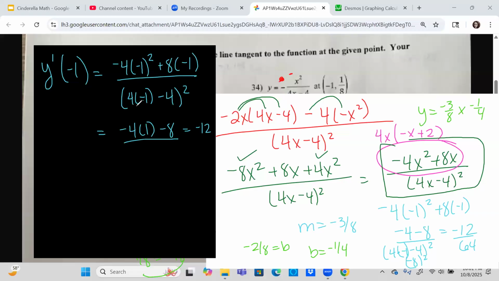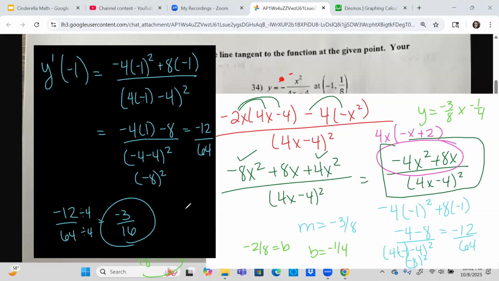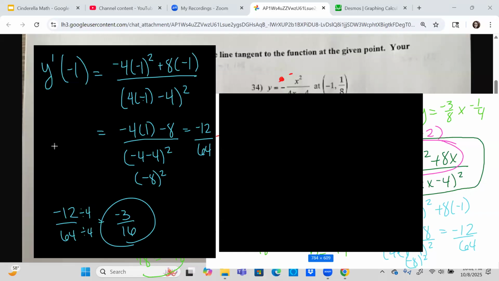On the bottom, we get negative 4 minus 4 squared, which is negative 8 squared, which is 64. This is where I've messed up. We need to divide by 4, divide by 4. This is negative 3/16. I kept saying it was negative 3/8. So from this point, the problem is wrong. But now I am fixing it. That is the slope.